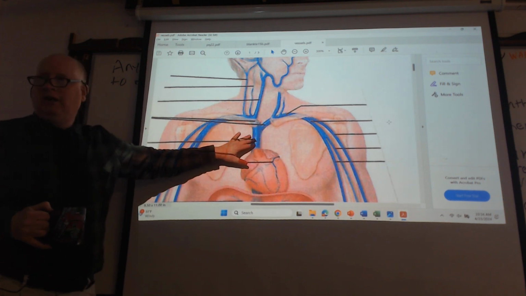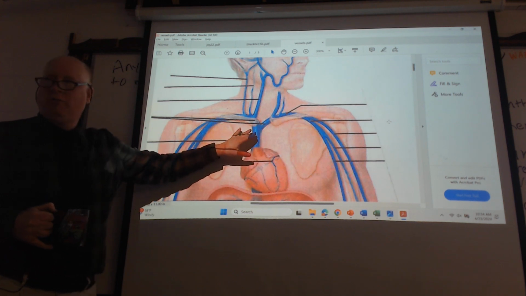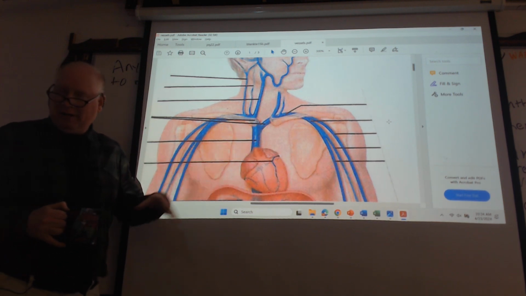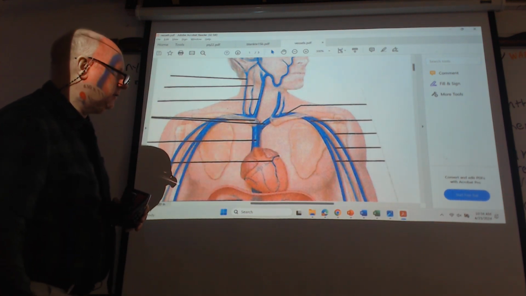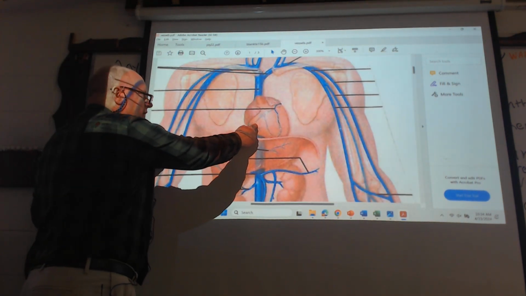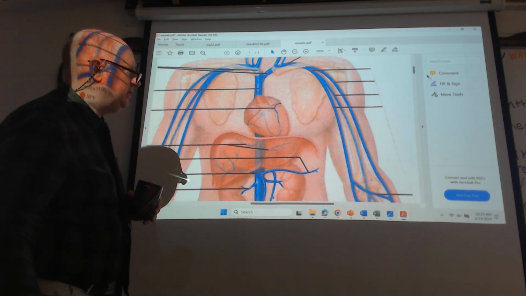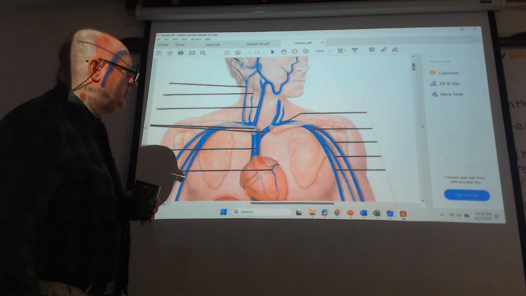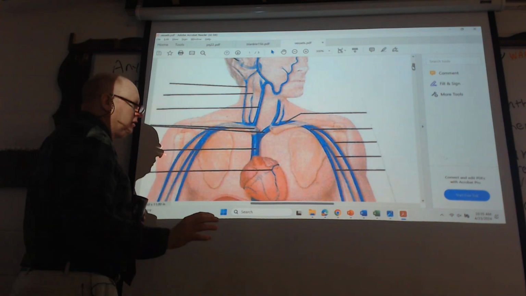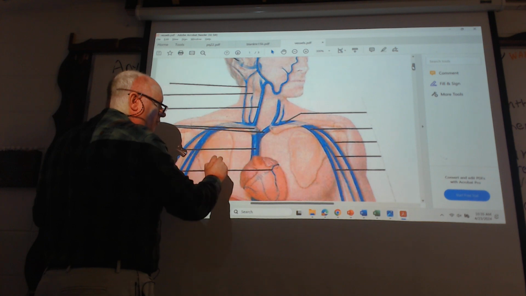Largest vein in the body. Okay, then can we be a little more specific with that? Right, it's your superior vena cava, because the inferior vena cava is actually underneath here. Okay, then what happens is you might think that these are subclavian veins, but that is incorrect.